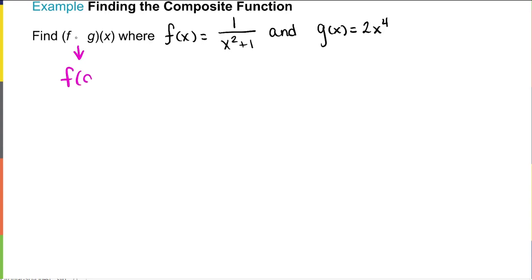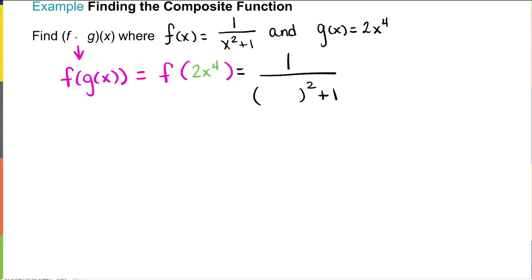So f of g of x equals 1 over x squared plus 1, and the x for the x squared is this 2x to the 4th, because that's g of x.